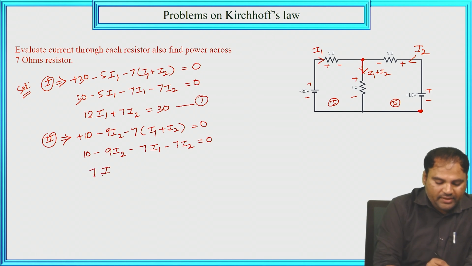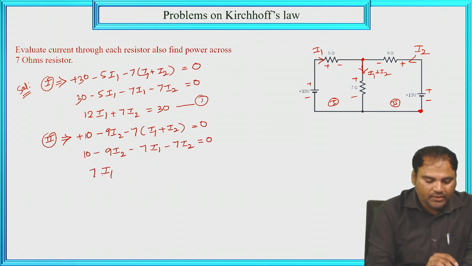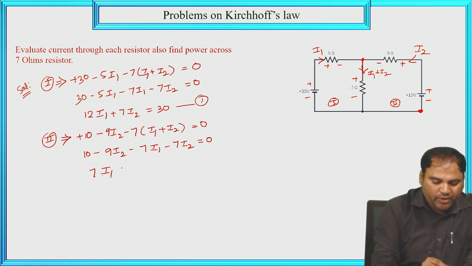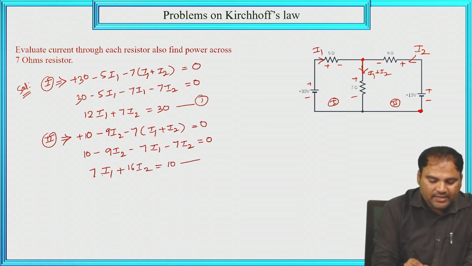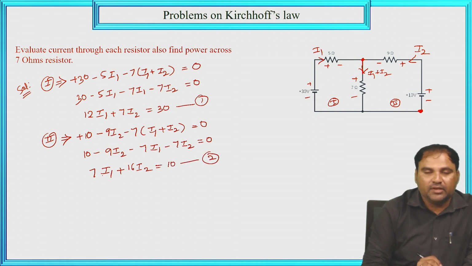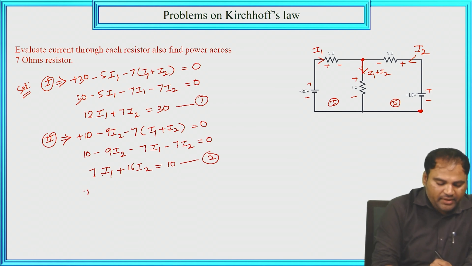So 7I1, and 10 minus 9I2 minus 7I2 means minus 16I2, so 7I1 plus 16I2 is equal to 10. Let us take this as equation number 2. Now by solving equations 1 and 2, we will get the I1 value and I2 value.